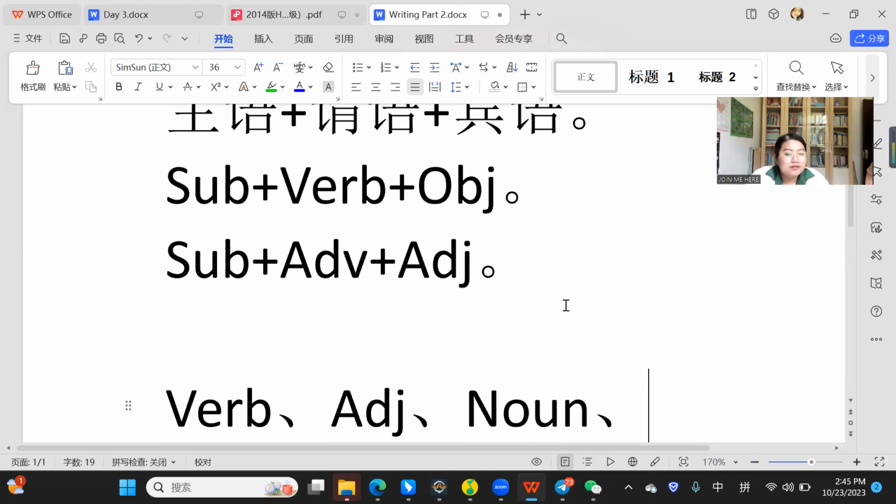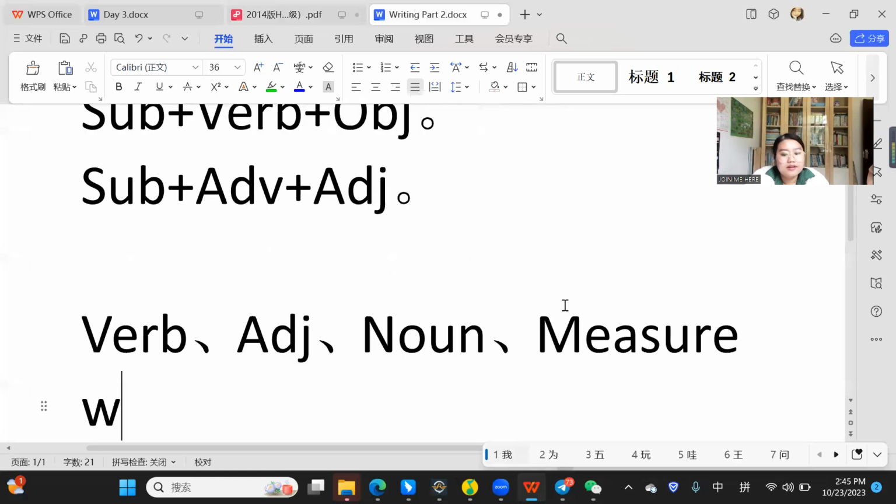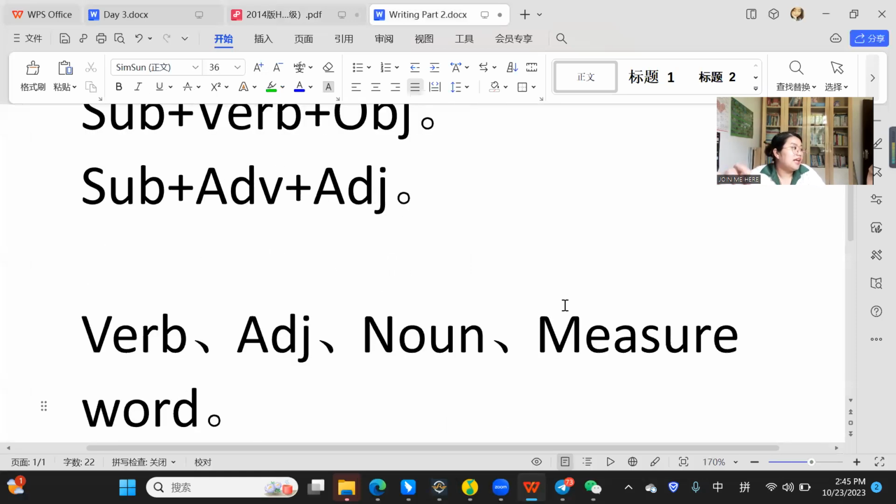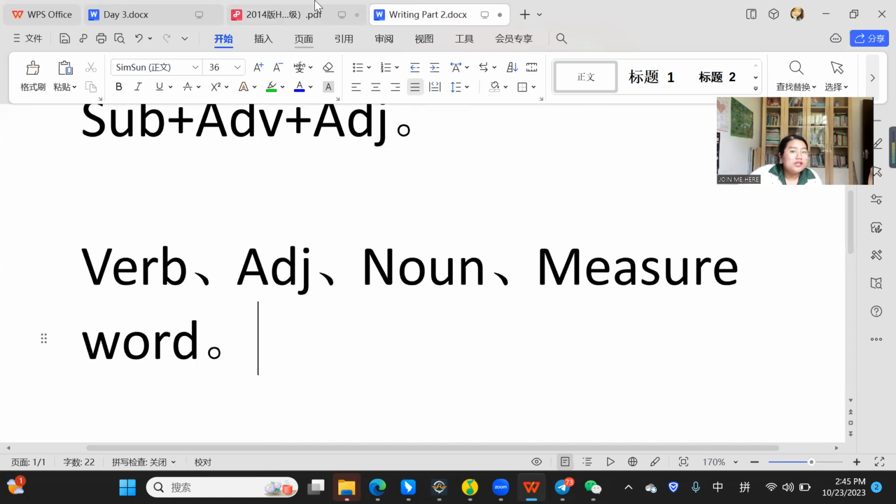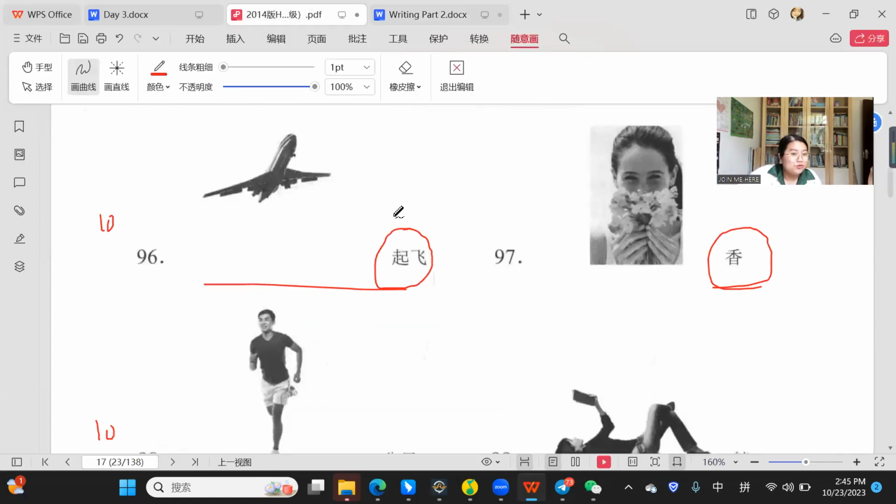Of course, we teachers like to test if you really study very well or not. So sometimes we can even put a measure word, like 电词. So whenever you see this word, you have to know if it is a verb or noun or adjective. Then you can start to make a sentence.